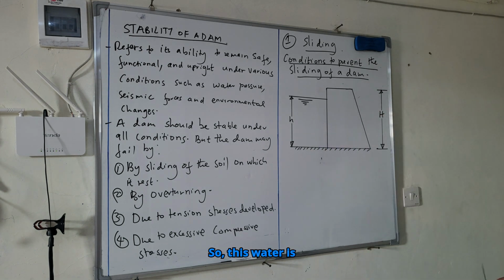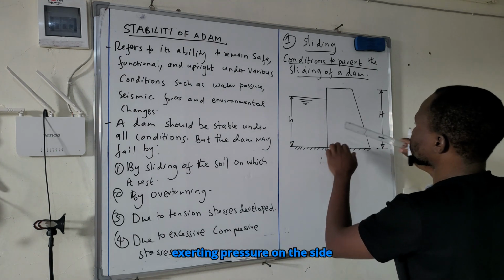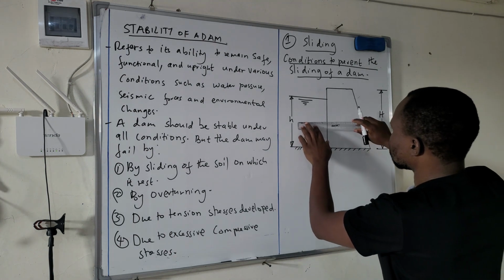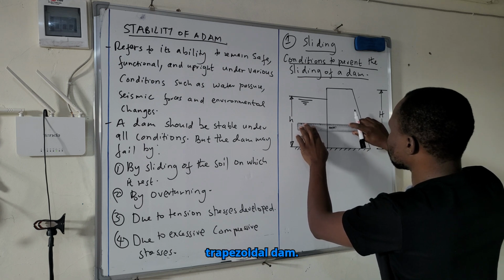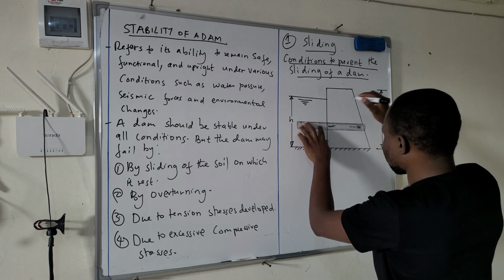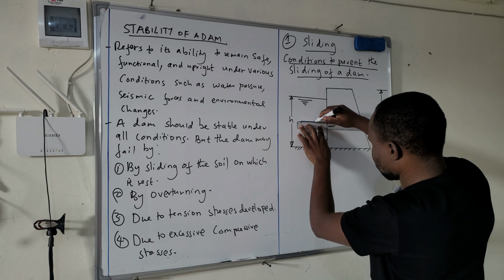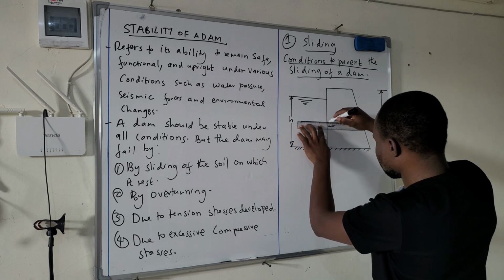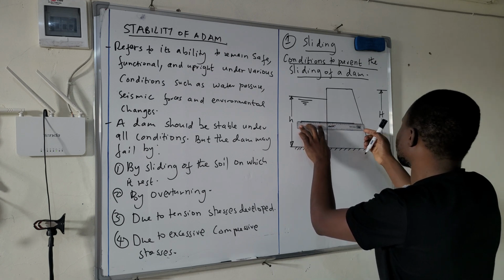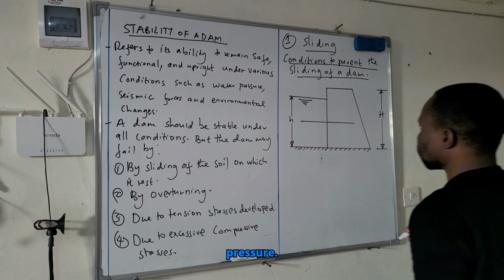This water is exerting pressure on one side of this trapezoidal dam. So we draw this pressure.